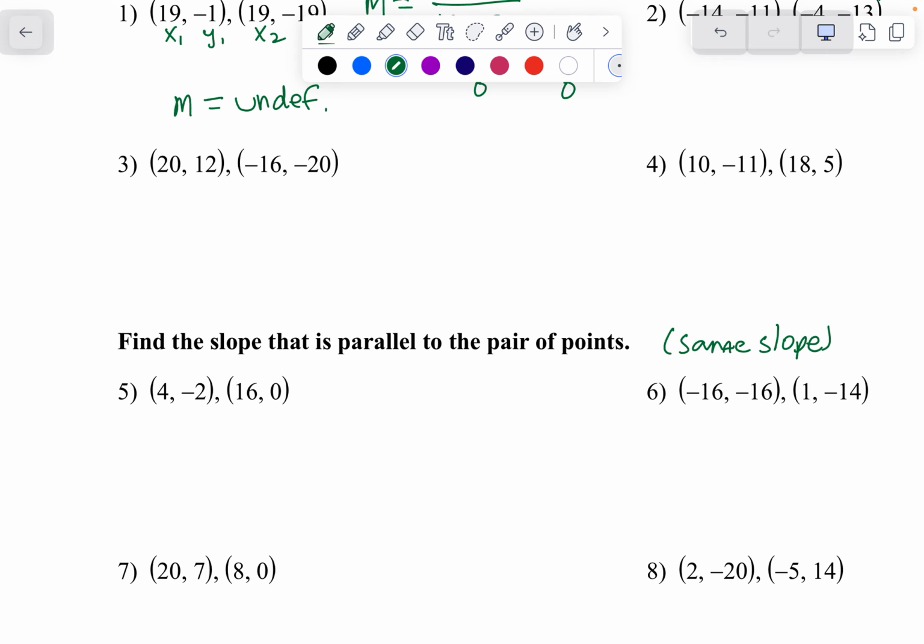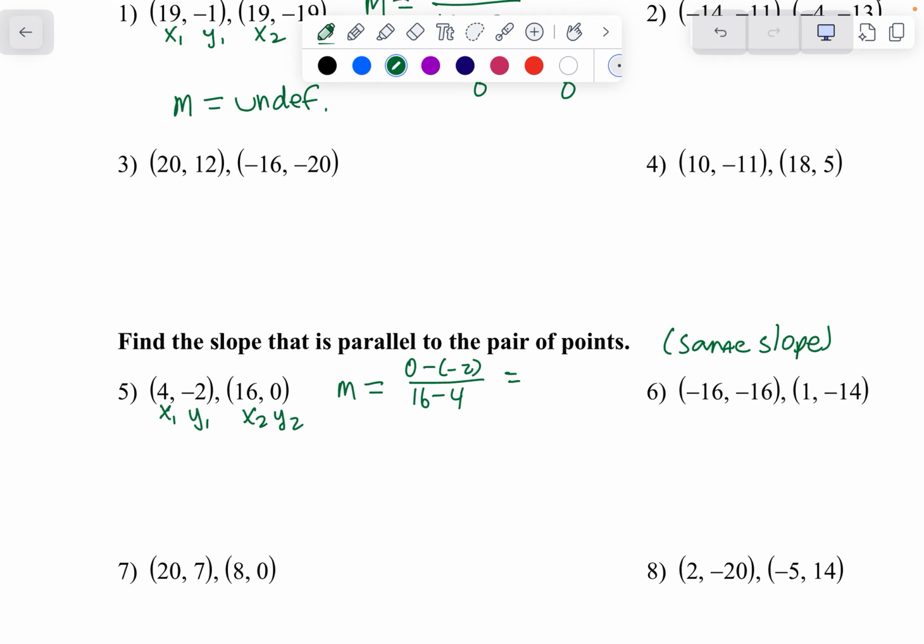So let's do 5 together. So label that x1, y1 and x2, y2. And let's plop that into the formula. So it'd be 0 minus negative 2 over 16 minus 4. So it's the difference of the y's over the difference of the x's. On the top, it becomes a positive 2.